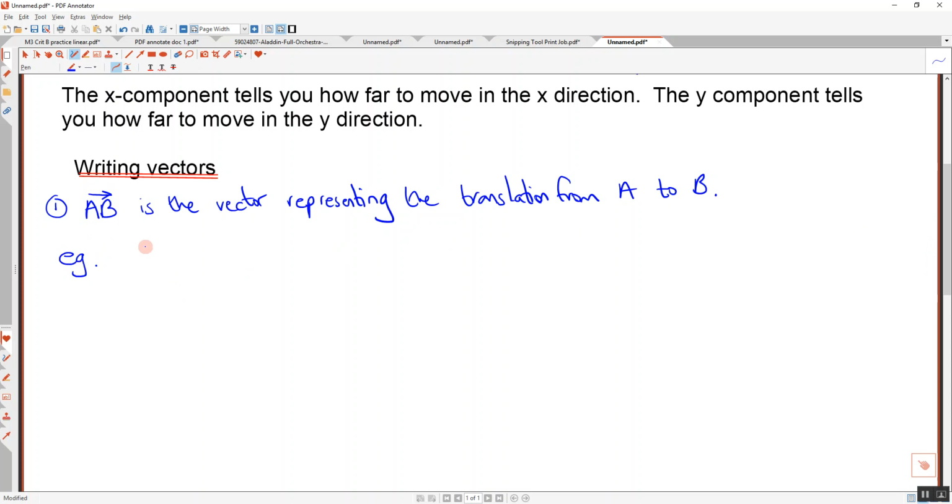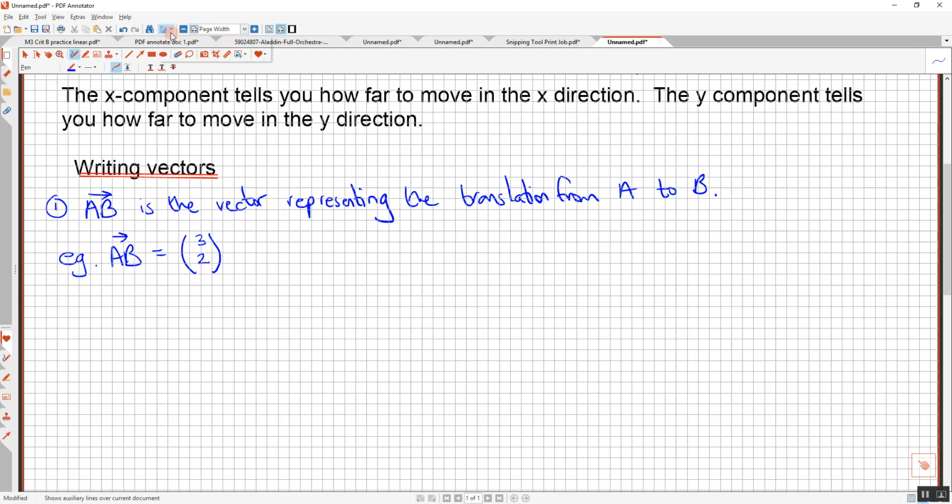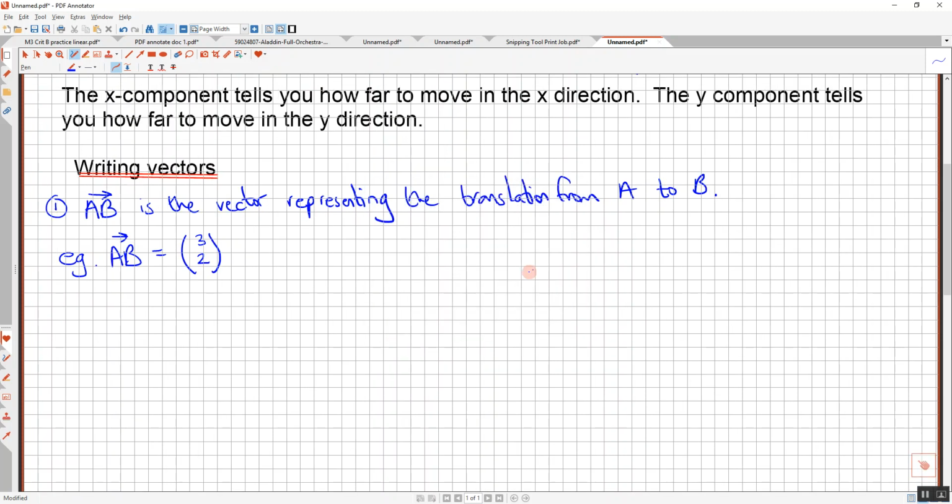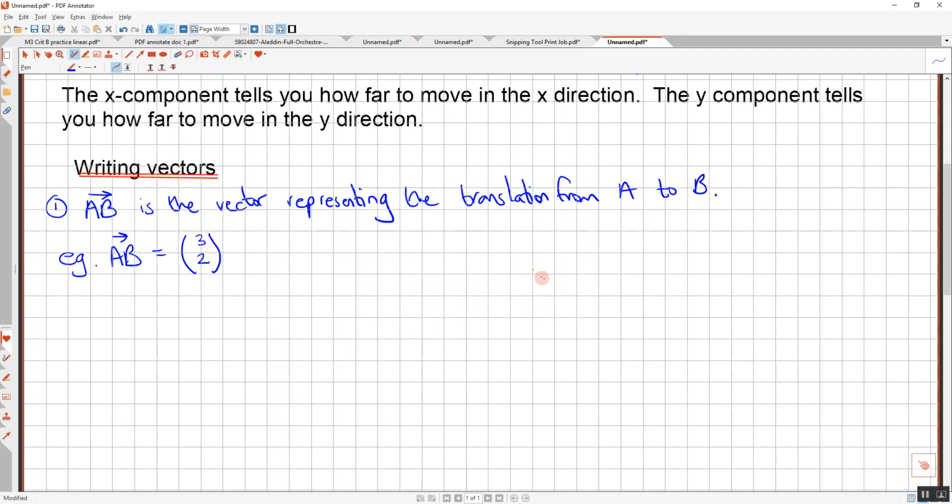So for example, let's say the vector A to B is represented by 3, 2. And let's just put in an axis.